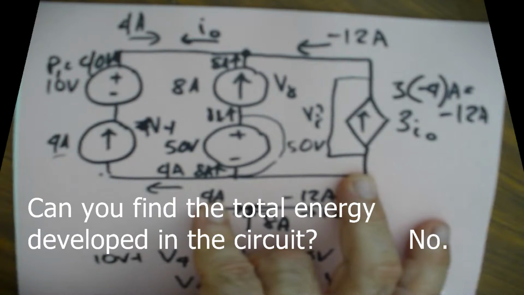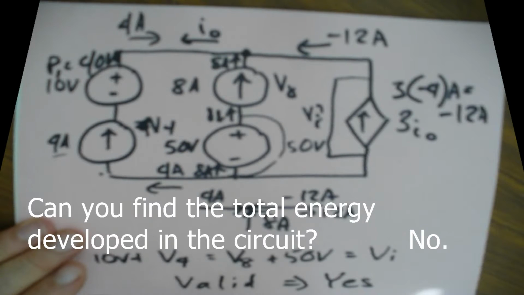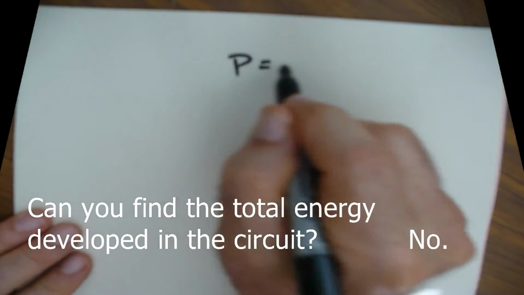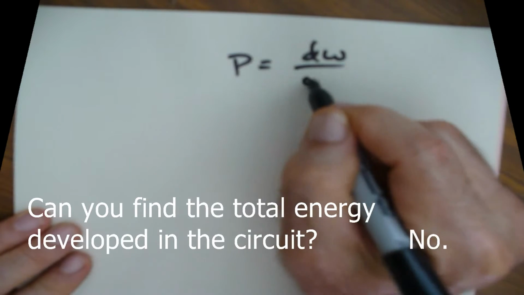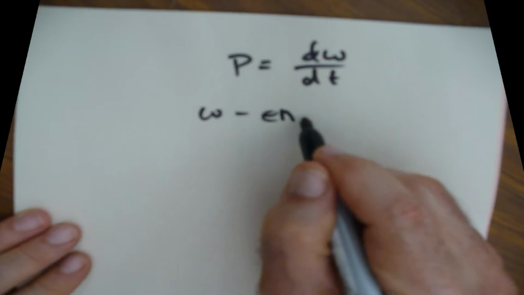The circuit is balanced, but power is equal to dW/dt. So I'll write that down here. P is equal to dW/dt, where W is the energy.